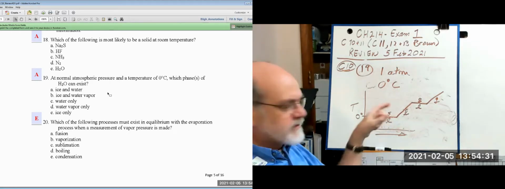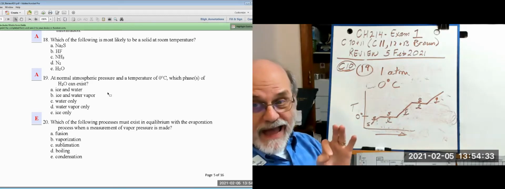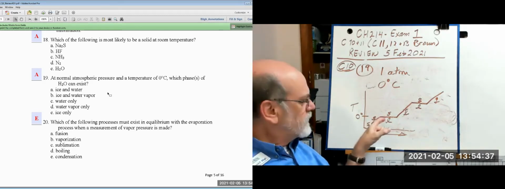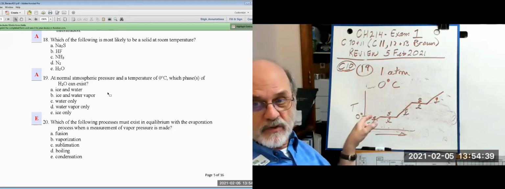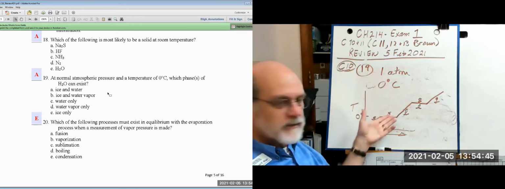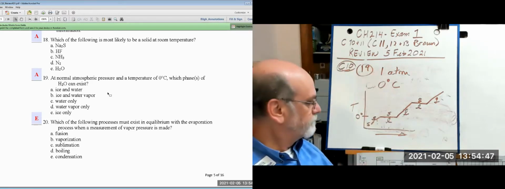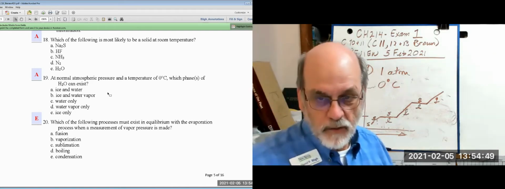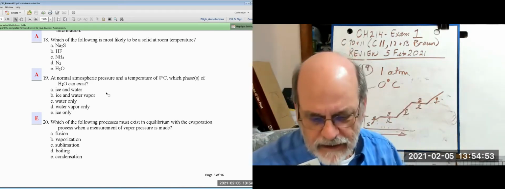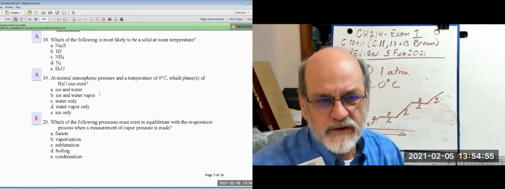All of the energy that you add will not raise the temperature because it's being used to break the intermolecular forces in the solid to make liquid. Okay, we're going to use that diagram again, so I'm going to leave it there. The answer then is A.